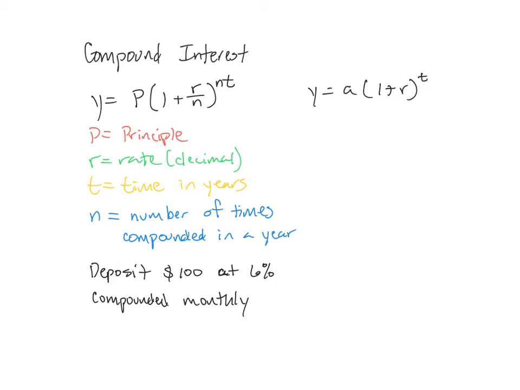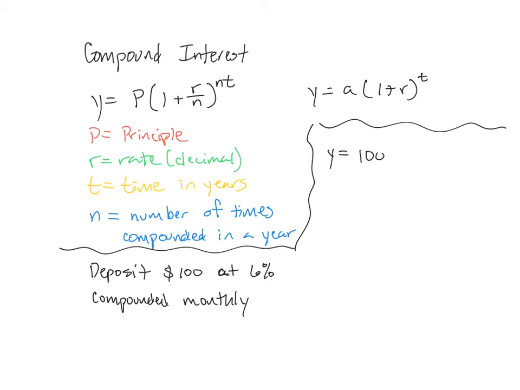Okay, so we want to write an equation that represents that situation. So we're not necessarily going to be figuring out after 10 years or after 20 years or anything like that. Let's set up an equation that meets that criteria. Okay, so we have y, our principal amount is $100. 1 plus, okay, and so the rate is 6%.